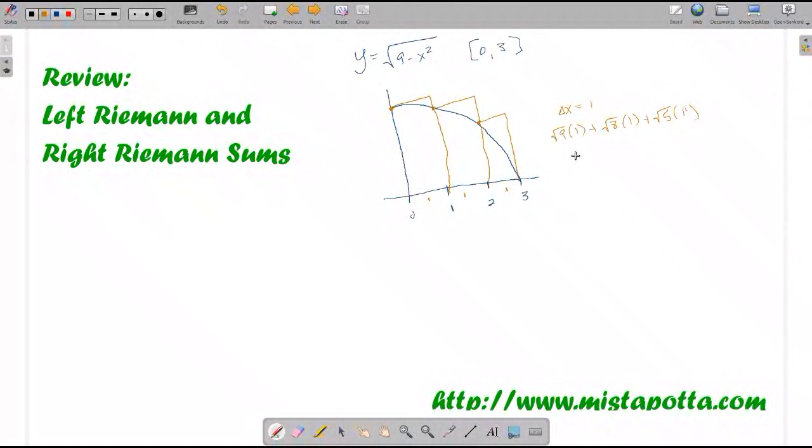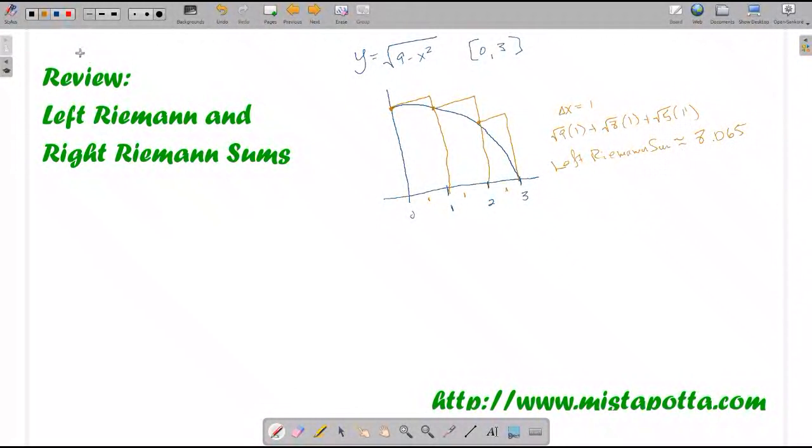And so we notice that this ended up being our left-hand Riemann sum. So for our purposes, that's approximately 8.065.